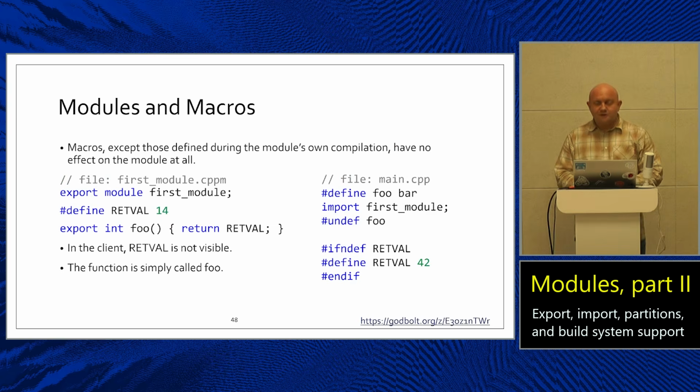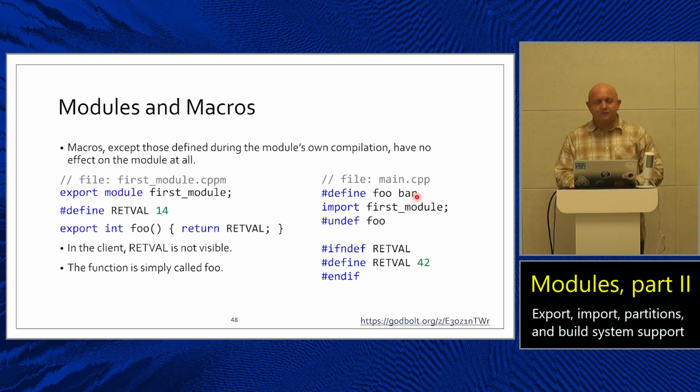Take a look at this example. We have a file, firstmodule.cppm, where we define redval as 14 and export a function foo that returns it. Perfectly fine. Then, in the client code, we do some rather creative things.